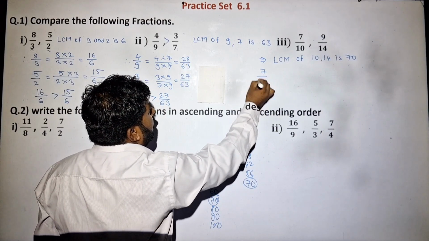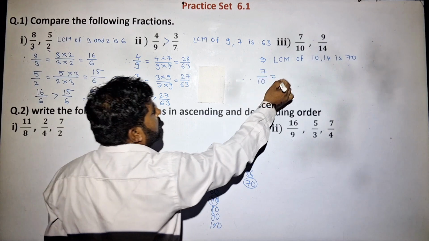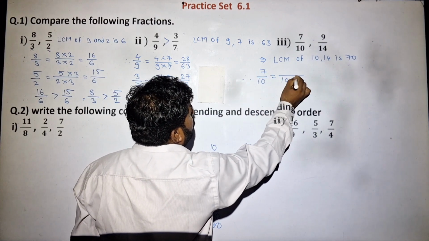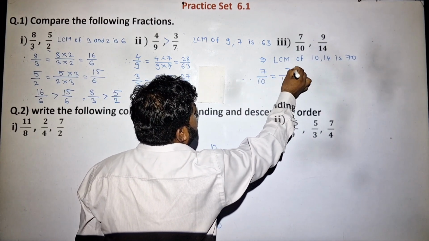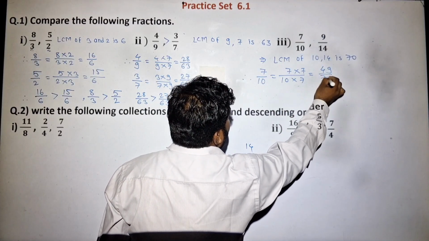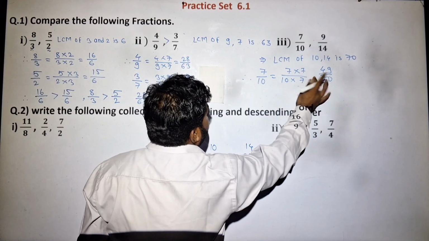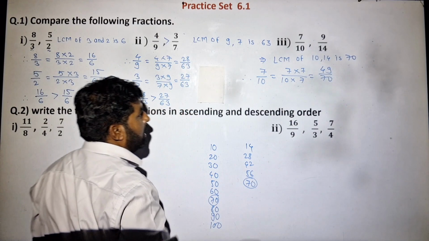Therefore, 7 by 10 can be written as 7 into 7 over 10 into 7, which is equal to 49 by 70. Here we write this as 49 by 70.